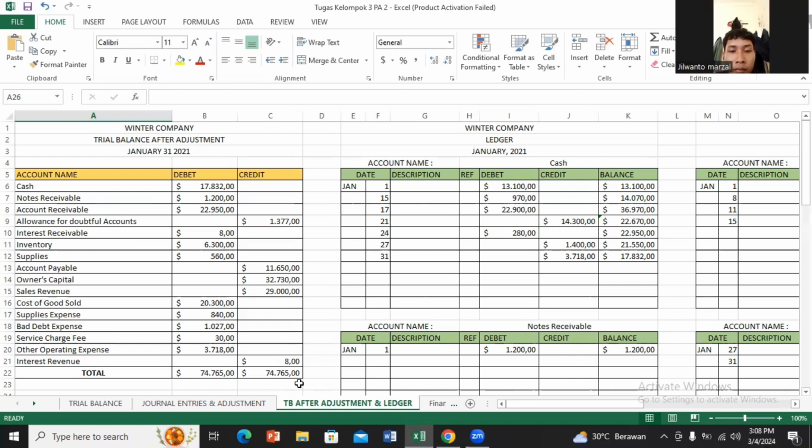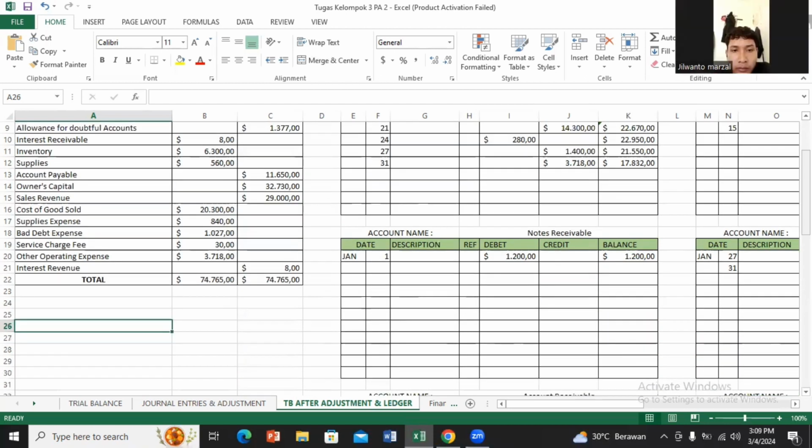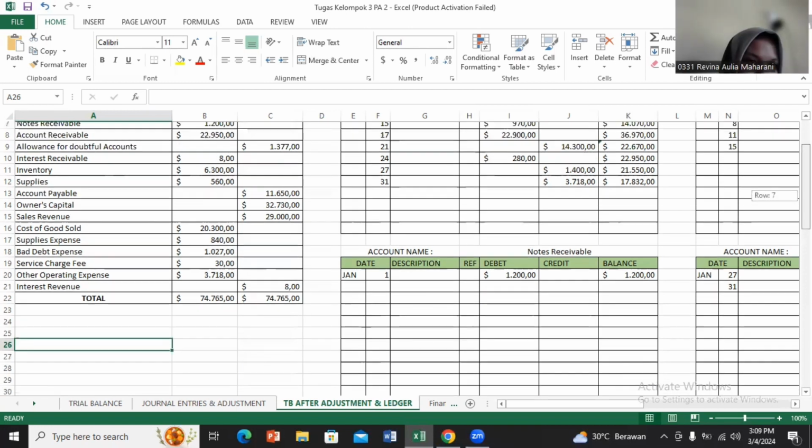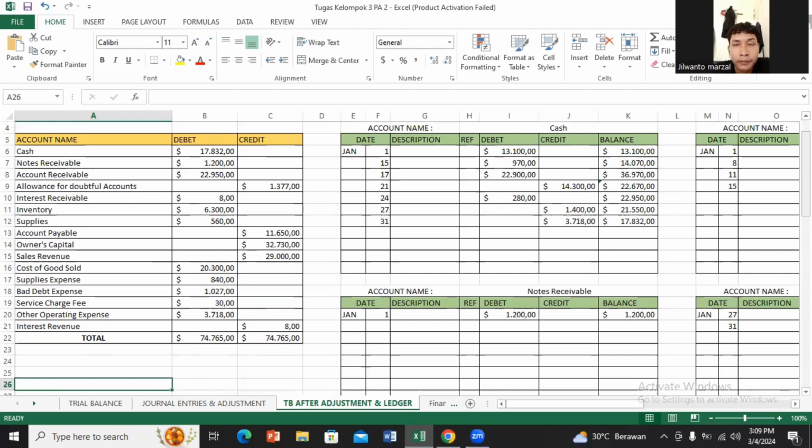Owner's capital in credit $32,730. Sales revenue in credit $29,000. Cost of goods sold in debit $20,300. Supplies expense in debit $840. Bad debt expense $1,027.